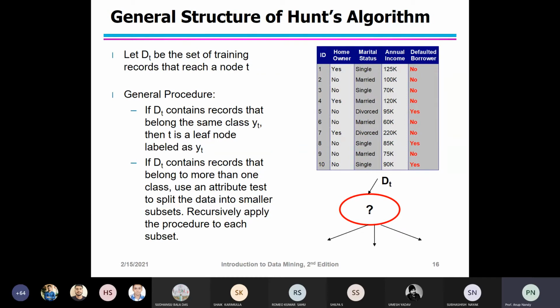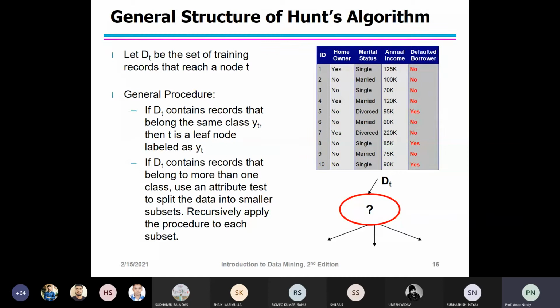Now you have a training set for this problem that can be constructed by seeing the records of previous borrowers. In this example, each record contains the personal information of a borrower along with a class label. The class label indicates whether the borrower has defaulted on loan payments or not.